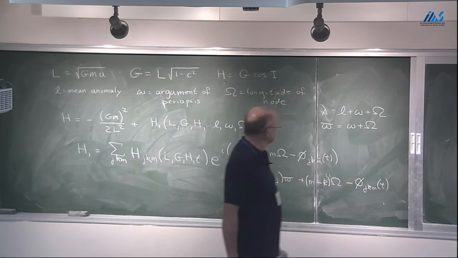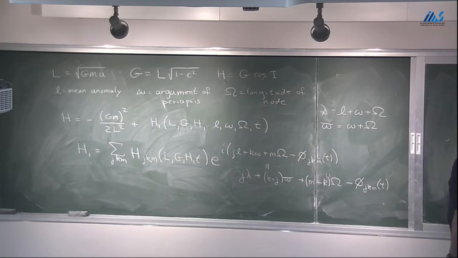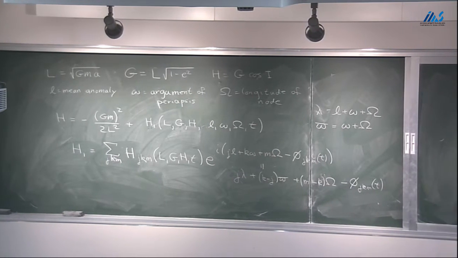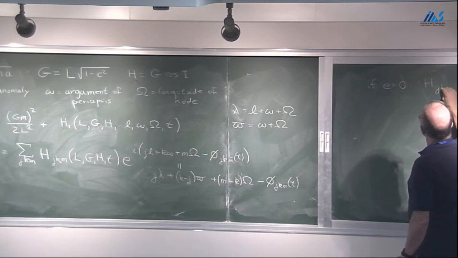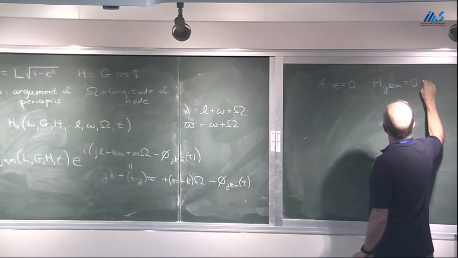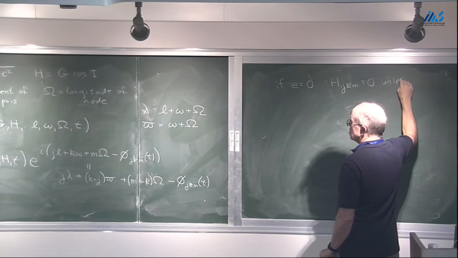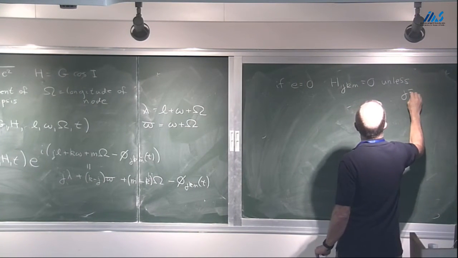And so the conclusion is that if the eccentricity is 0, then H_jkm has to be 0 unless j equals k.